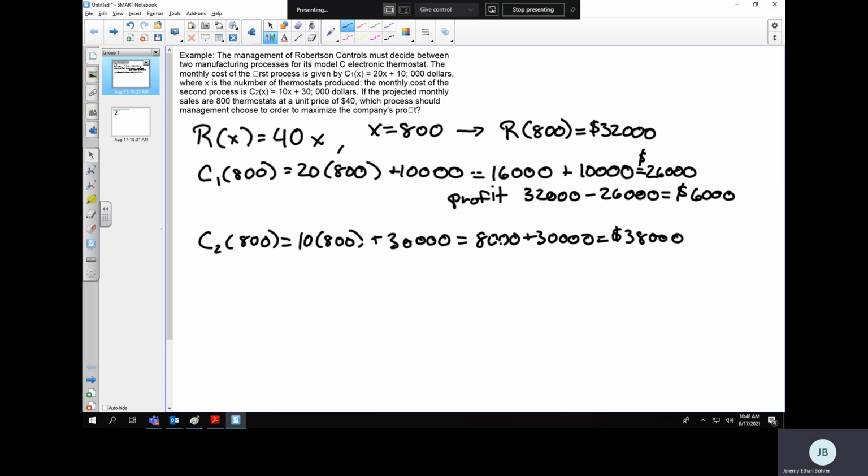This means we're operating at a loss, because that's clearly more than the 32,000 that we started with. The loss is going to be 32,000 revenue minus 38,000 costs is negative $6,000, losing $6,000 per month. Therefore, we want to go with C1.